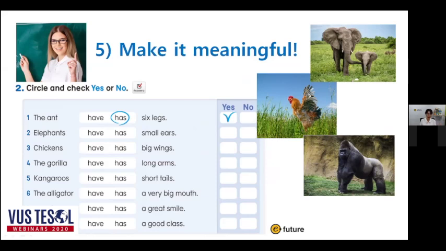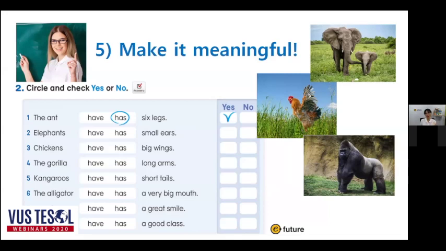Now let's look at number 7 and 8. Okay, these two are very interesting. Number 7, I have has a great smile. So you circle have. I have a great smile. This is a personalization question. So students will think about their own smile.